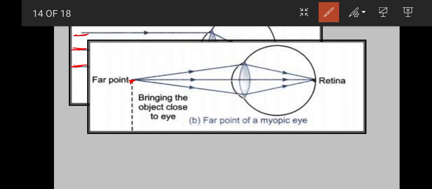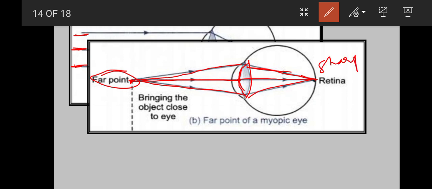The light rays are coming from a point other than infinity, other than the actual position, and the eye lens accommodates and converges all the light rays on the retina. How is it happening? Because here the far point is changed. That's why the image is formed on the retina. The image formed on the retina will be sharp now.